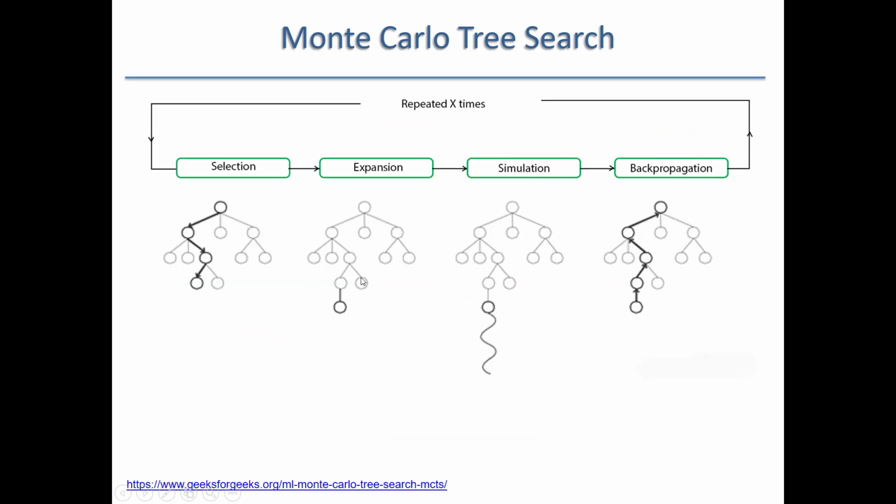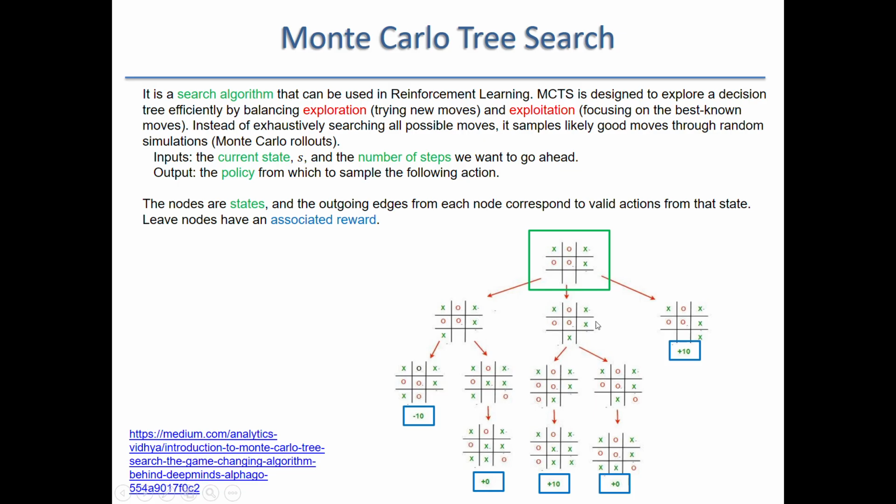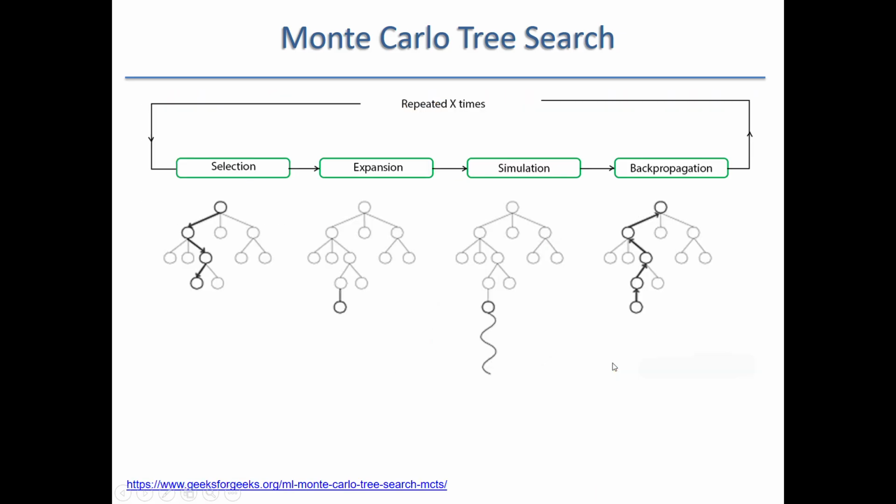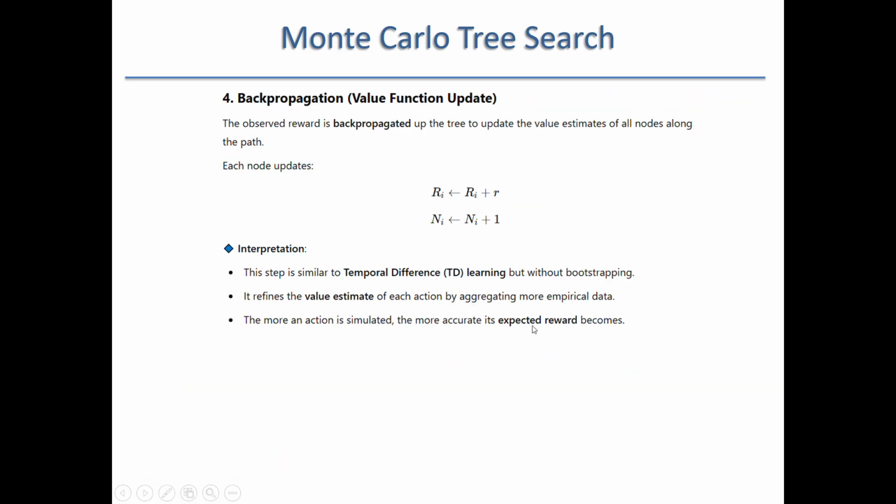For instance here, these two states are not terminal. This state is terminal. So we simulate the different paths until we reach a terminal state. And then once we have a terminal state, we will have a reward, and then this reward is back propagated.